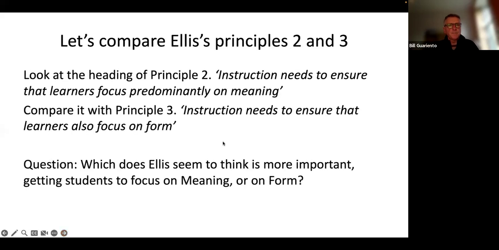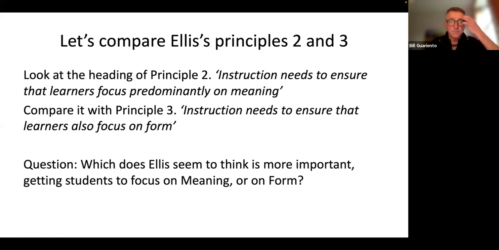Now we've nearly finished the lesson, but if we go back a few weeks, I'm asking you to try to remember some things we studied in the past. Let's compare Ellis's principles 2 and 3. In principle 2, Ellis says, instruction needs to ensure that learners focus predominantly on meaning.